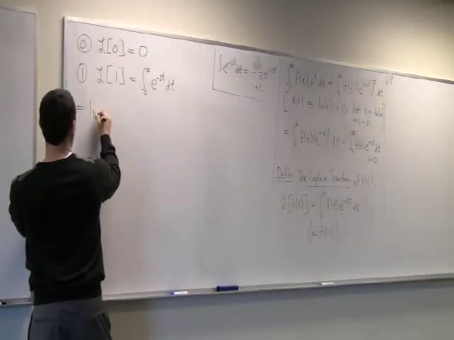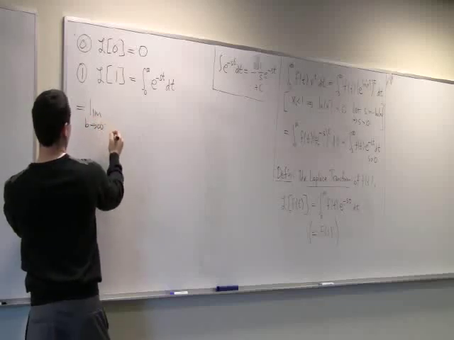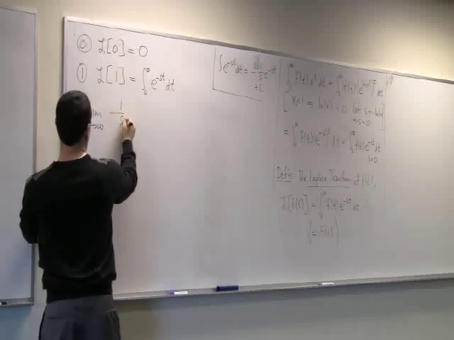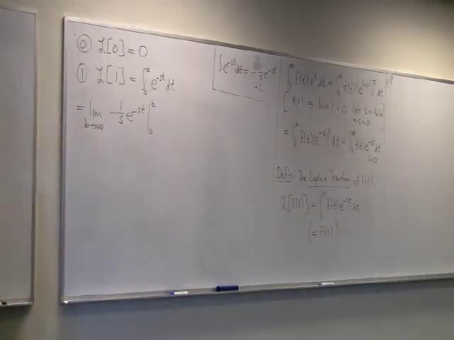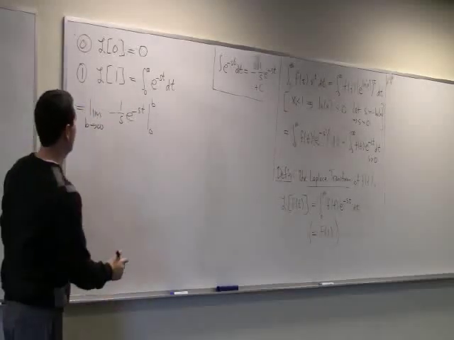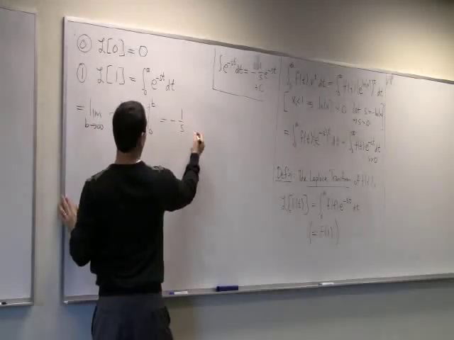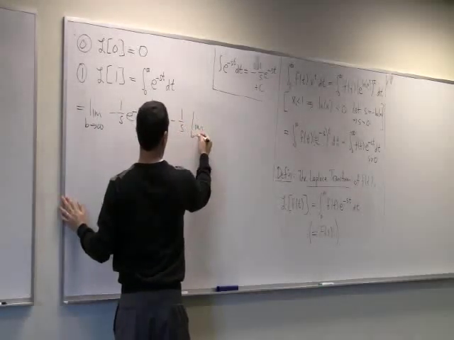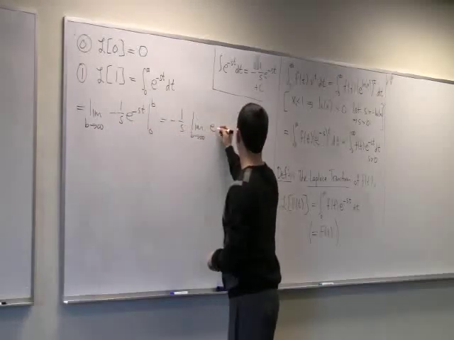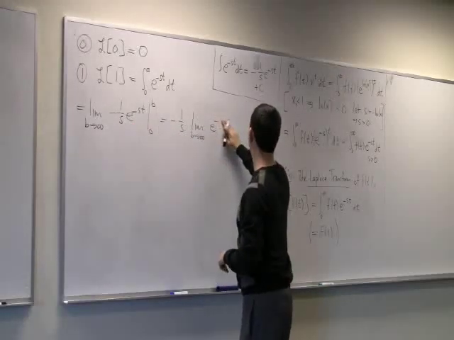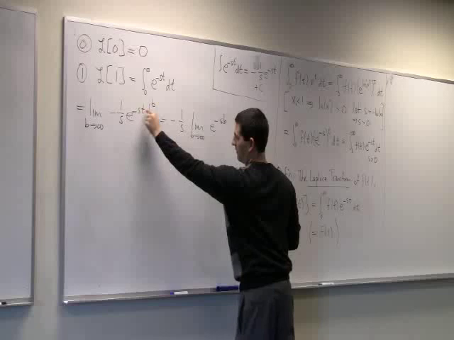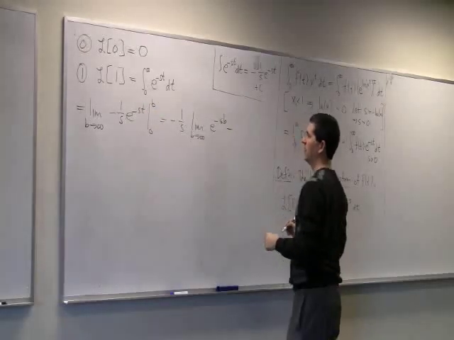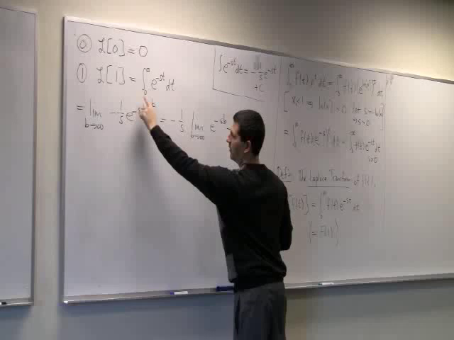So this is going to be the limit as b goes to infinity of minus 1 over s e to the minus st evaluated at 0 to b. Okay, this minus 1 over s I don't worry about, I'll pull that out. I get e to the minus sb. Remember, t was the integrating variable here, so that's where the b goes in for t. And then minus, when you put in a 0, this whole thing just becomes 1.